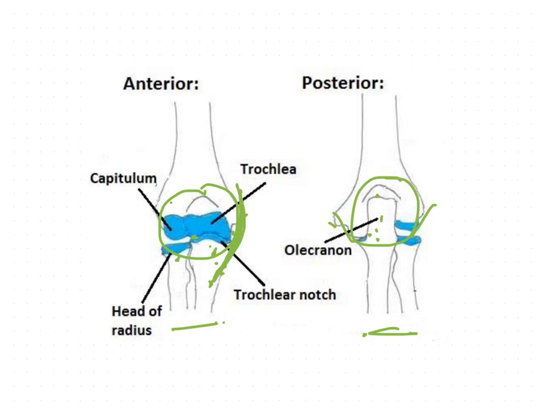Okay, one is the valgus stress in full extension and varus stress in full extension, and the distraction of the joint, and another one is the anterior displacement of the distal humerus out of the trochlear notch.